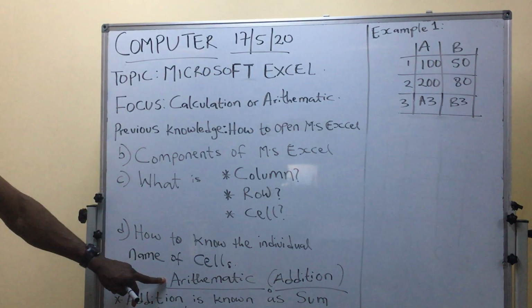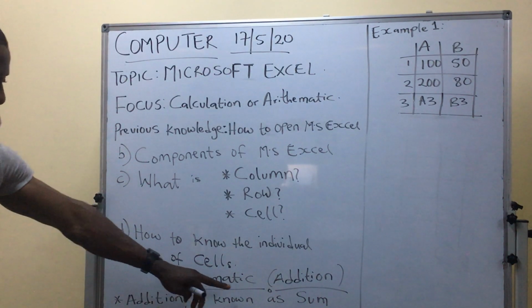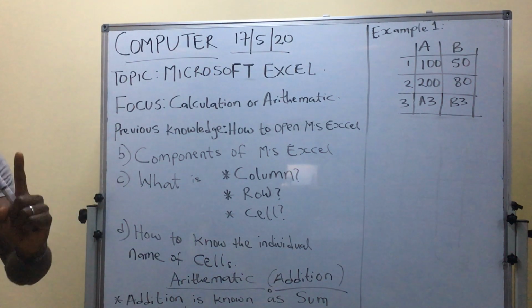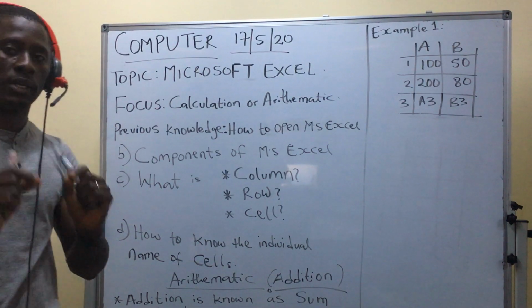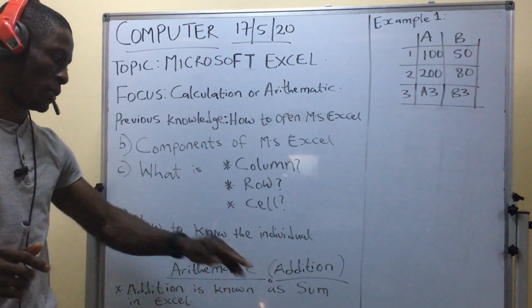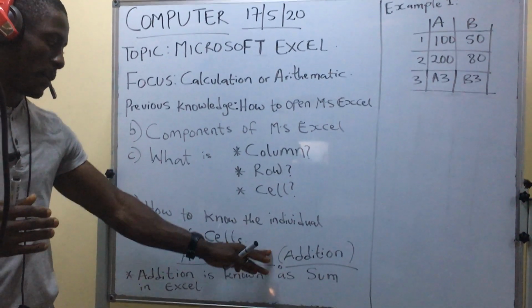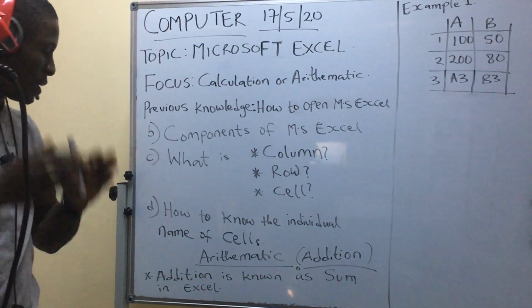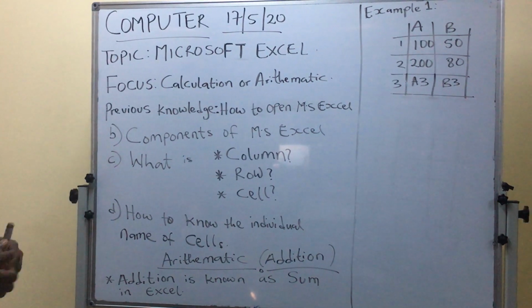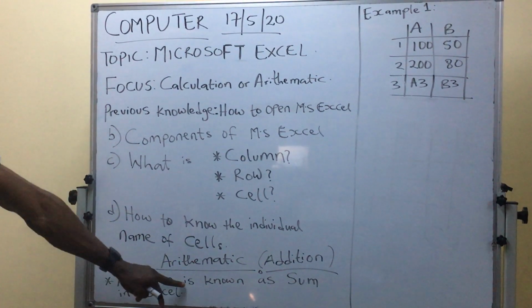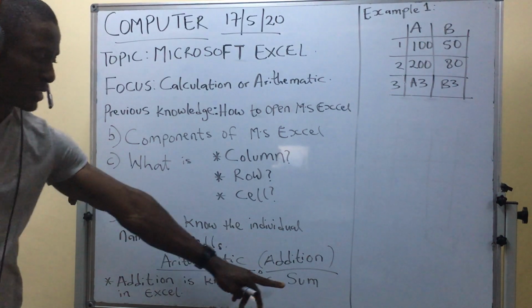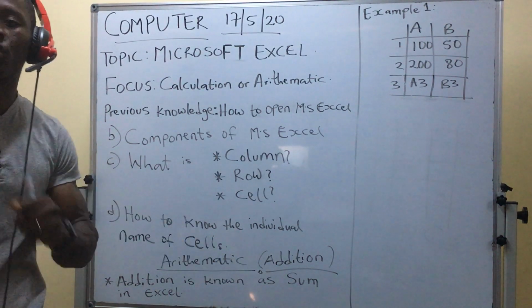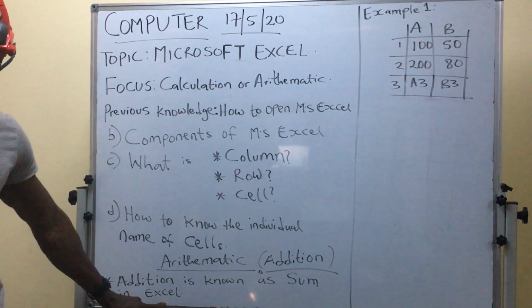Now, let's go straight to the arithmetic. The only arithmetic we'll do in today's video is addition. I will be teaching you how you can perform addition operation using Microsoft Excel. Addition is known as sum, S-U-M, in Excel.